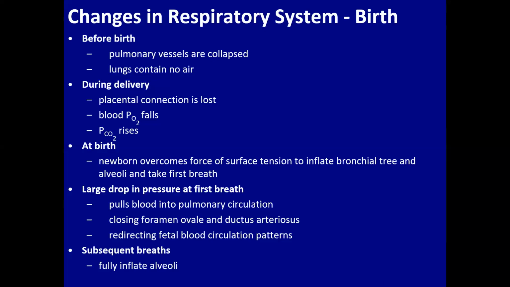Crazy number, but let's just say that. But we've already established that you're not using a portion of those blood vessels because the pulmonary vessels are collapsed. You're not using your lungs.